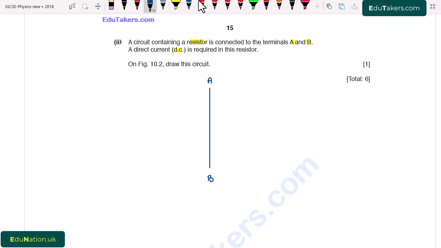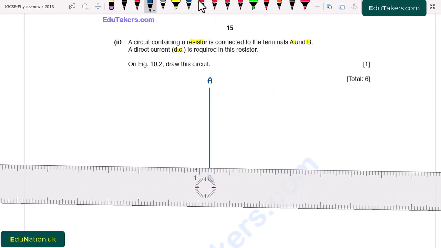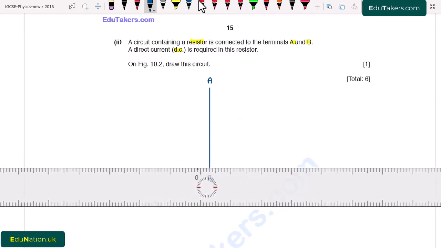And in order to measure current, that is direct current, we have to attach a galvanometer, because a galvanometer is a device that is used to measure current. So again, using a ruler, I attach the galvanometer here.